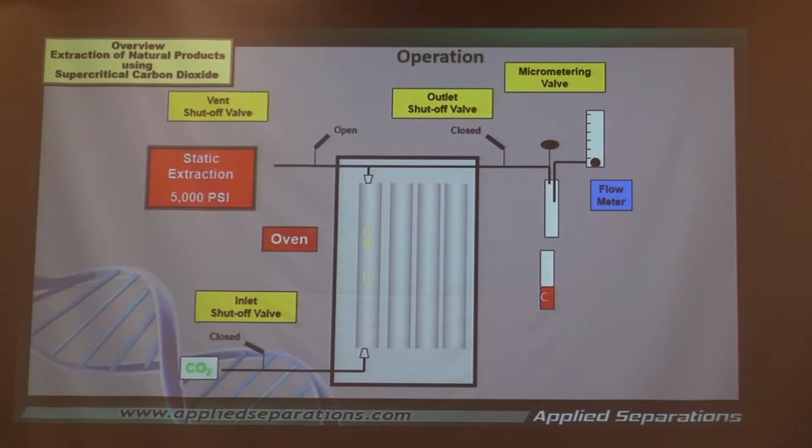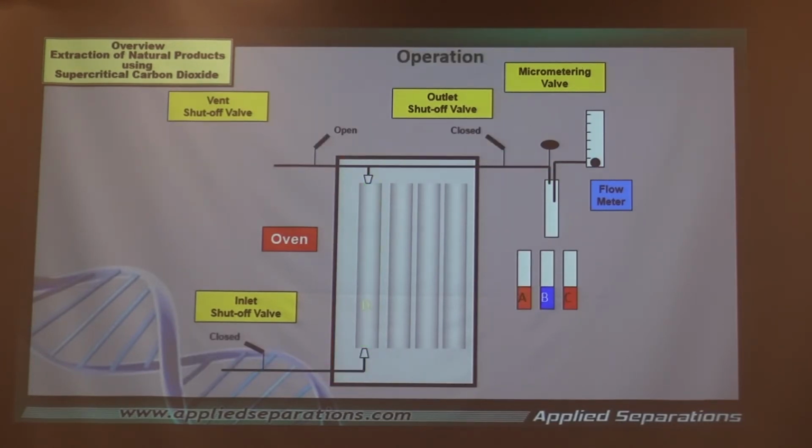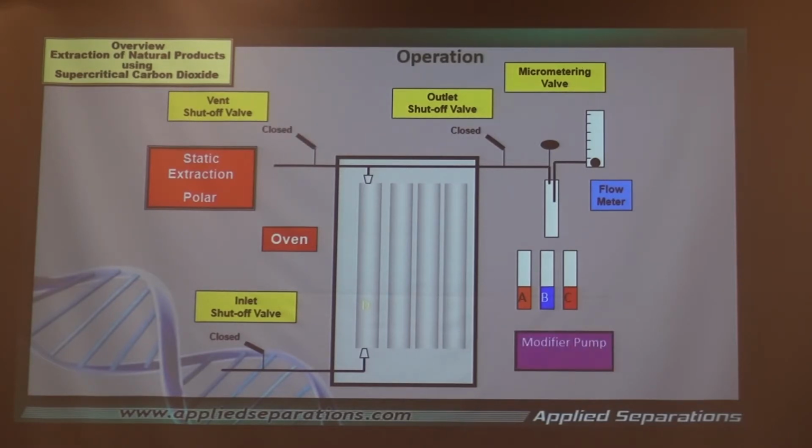We remove it from collection, and then we just increase the pressure. Now you can see we moved it up, and we do the same thing. We do it at 5,000 psi, we do it at 10,000 psi, and each time separate off the individual components. This way you can collect each of the individual compounds, and then for the polar extraction, we introduced a modifier and collected it in that fashion.